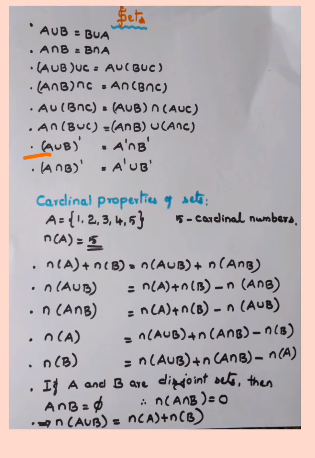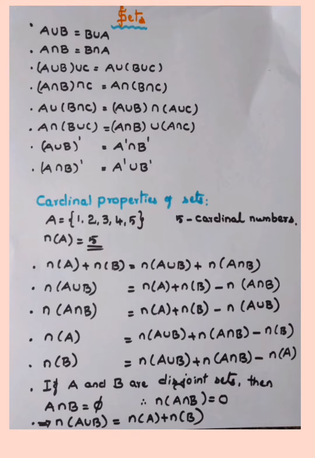Next, (A union B)', the dash, if you write it like this, represents the complement of a set, is equal to A' intersection B', and (A intersection B)' is equal to A' union B'. This property is called De Morgan's law. The first two properties are commutative properties, these are associative properties, and this relation shows De Morgan's law.